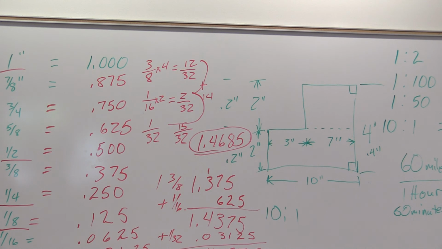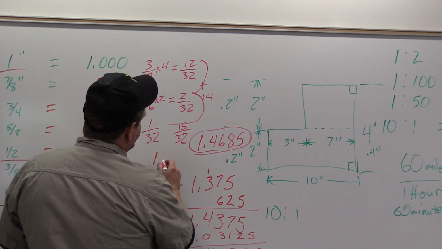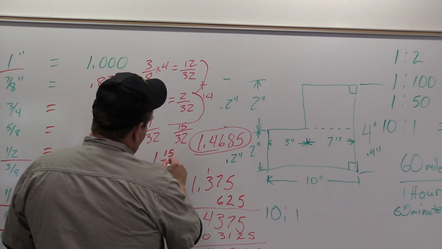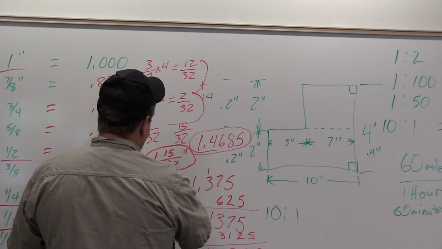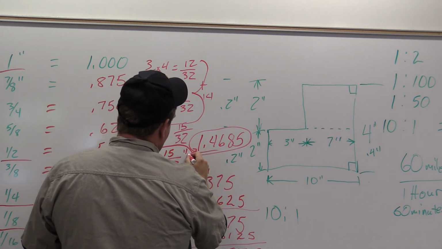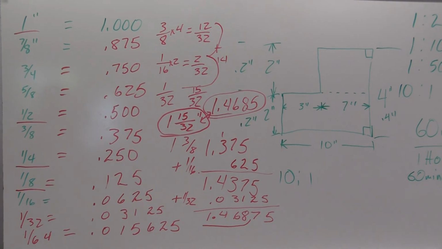So if that needed a drill bit in 37.33 millimeters, we could come over here and we could find a drill bit that is 1 and 15/32 of an inch, and that would be very close to this. Okay? All right.